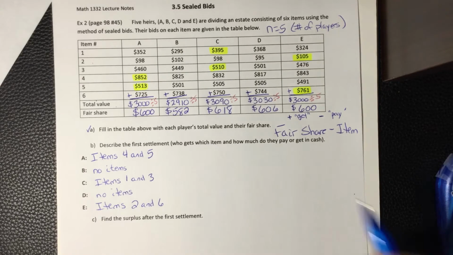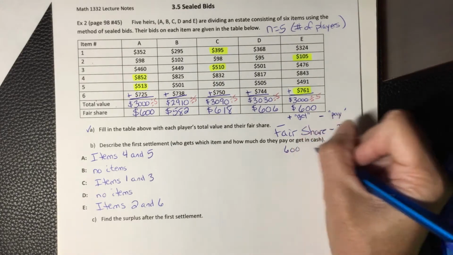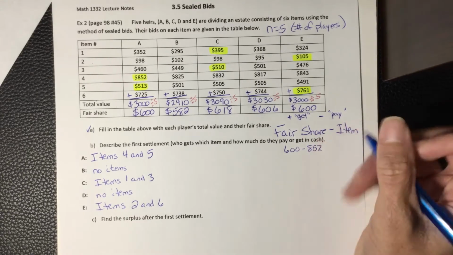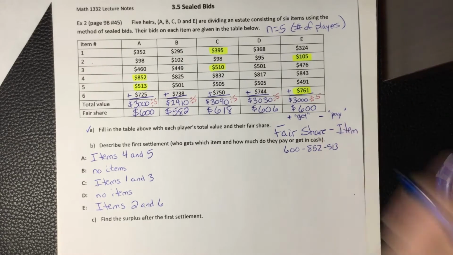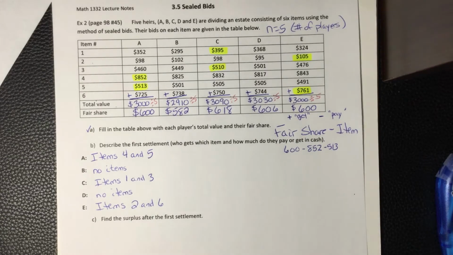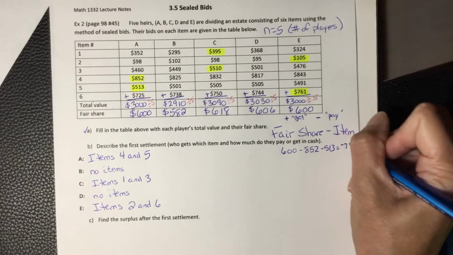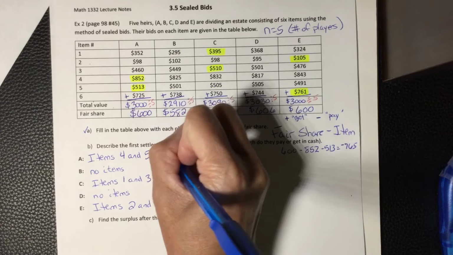All right, so for player A, their fair share is 600. They got item 4, which was worth $852 to them, and item 5, which was worth 513. So clearly they're going to be in the negative when I get this in the calculator, and it comes out negative 765.